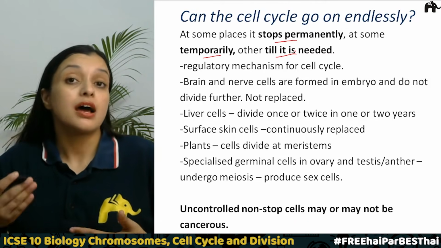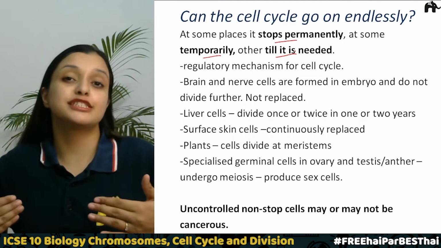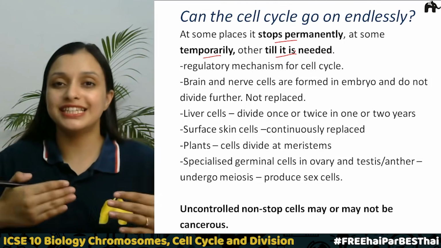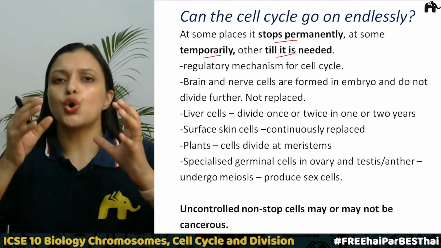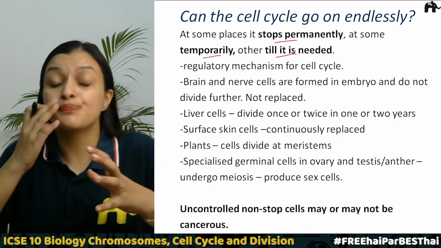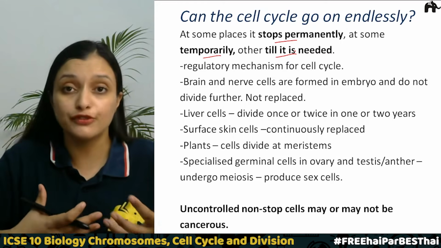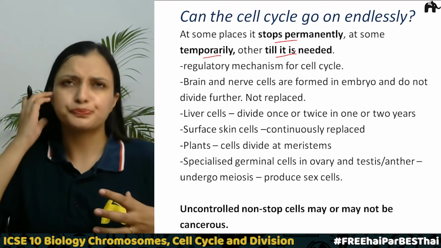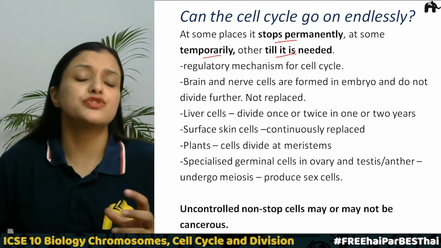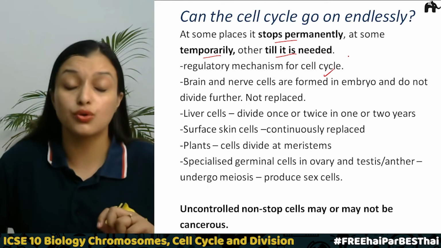So let us understand different examples of all these scenarios. There is always a regulatory mechanism which regulates the body functions, which regulates this division also. So there is a regulatory mechanism for cell cycle also.